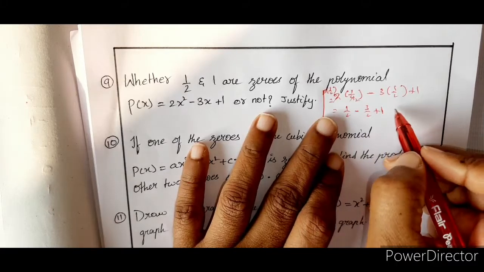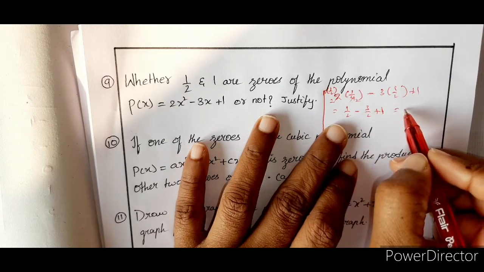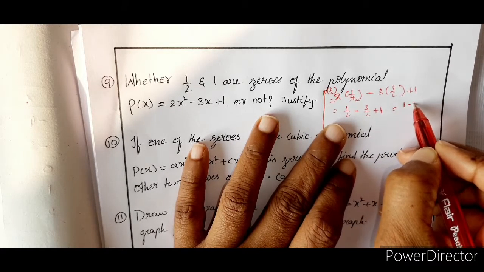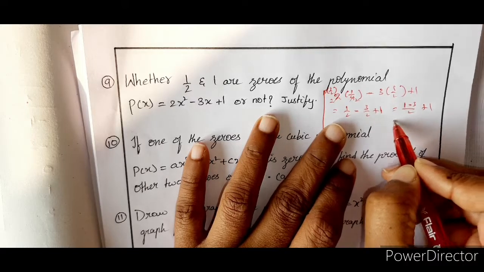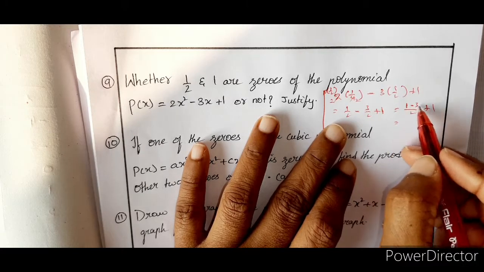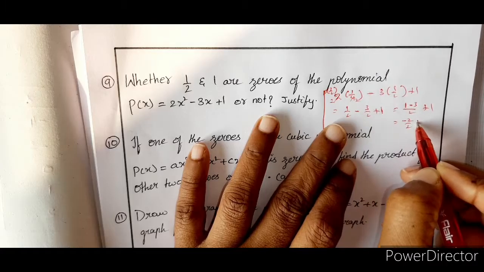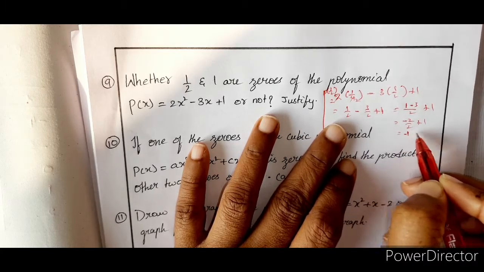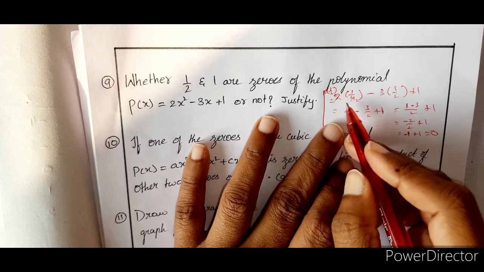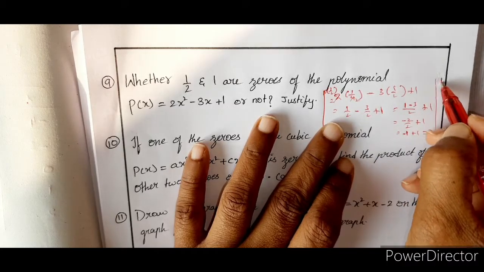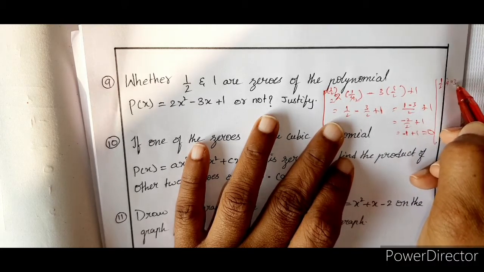Now here 2 is the LCM. So 1 minus 3 by 2 plus 1. So 1 minus 3 by 2 is minus 2 by 2, plus 1. Minus 2 by 2 is minus 1, plus 1 is equal to 0. That means half is a zero.